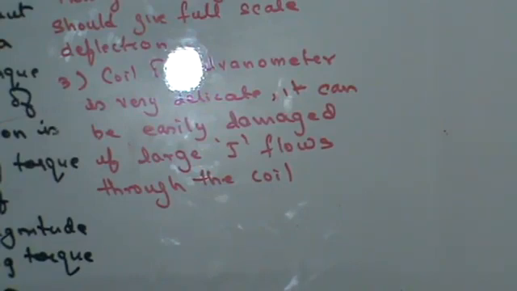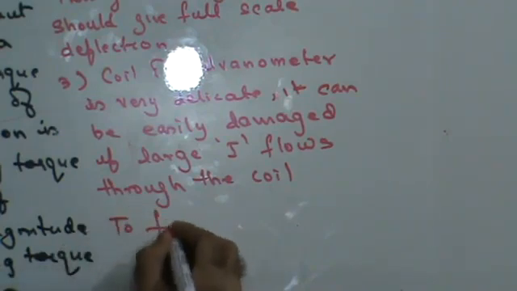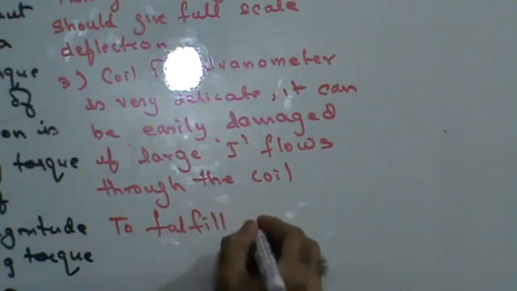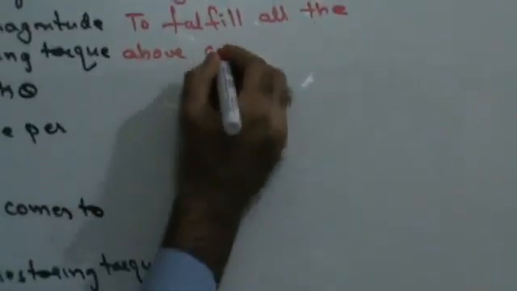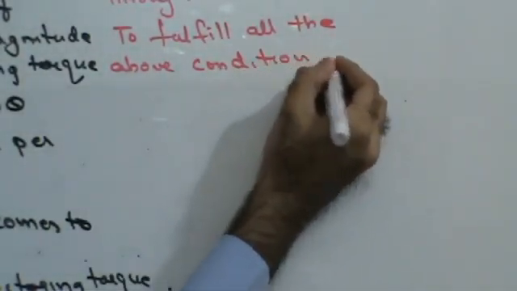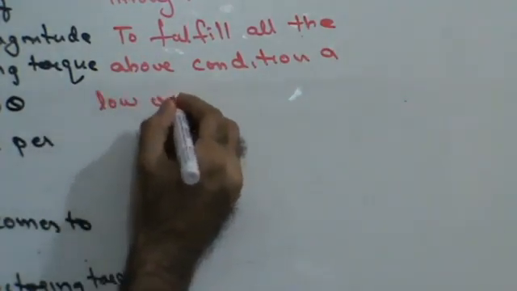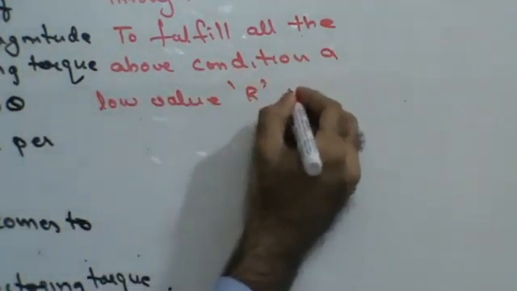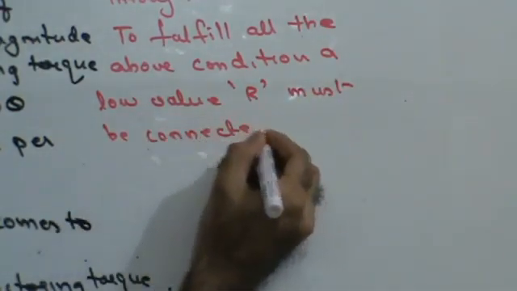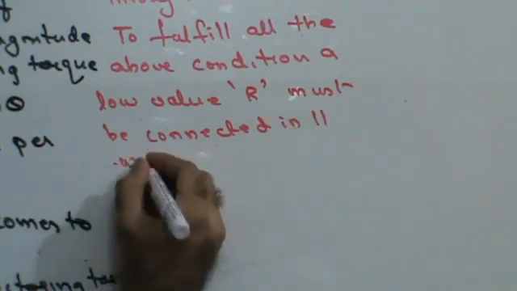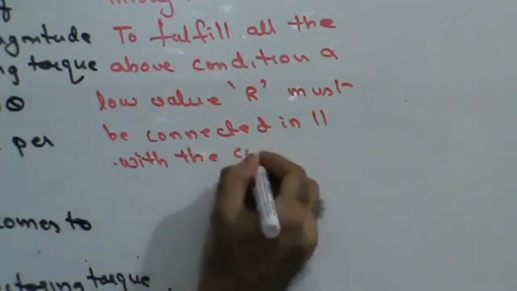To fulfill all the above conditions, a low value resistance must be connected in parallel with the coil of the galvanometer.